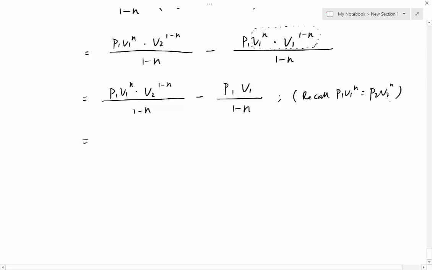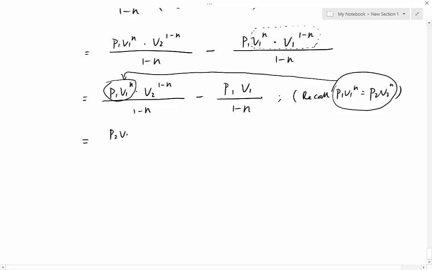So what I can do is rewrite P1V1^n into P2V2^n because they're equal. So it becomes P2V2^n multiplied by V2 to the 1 minus n divided by 1 minus n, minus P1V1 over 1 minus n. Okay, so now can I combine those two terms?